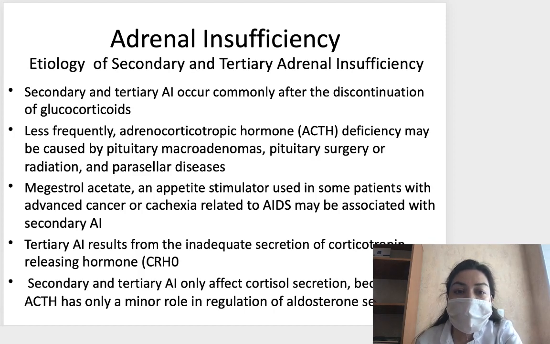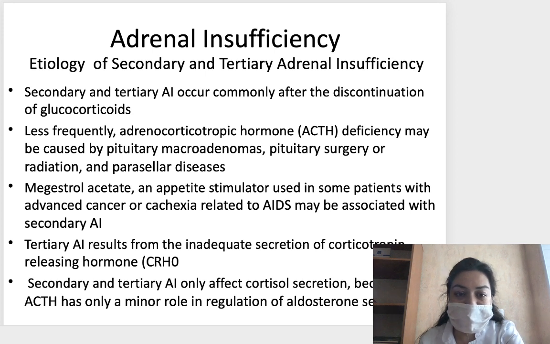Secondary and tertiary adrenal insufficiency occur commonly after the discontinuation of glucocorticosteroids. Less frequently, adrenocorticotropic hormone (ACTH) deficiency may be caused by pituitary macroadenomas, pituitary surgery or radiation, and parasellar disease.